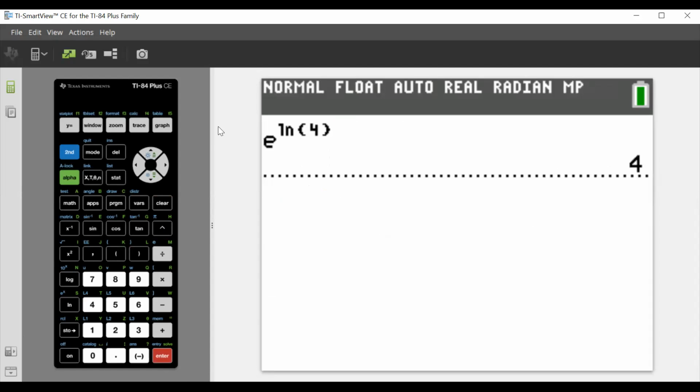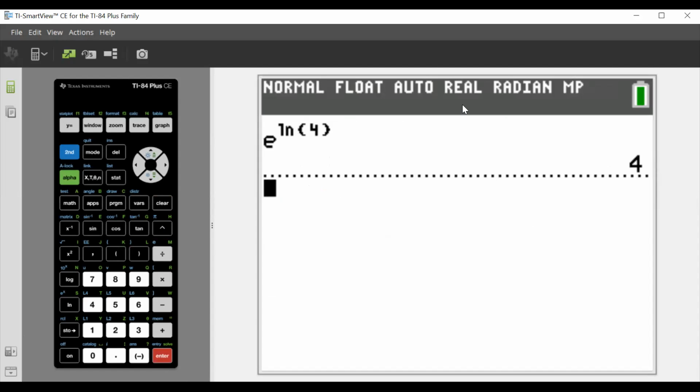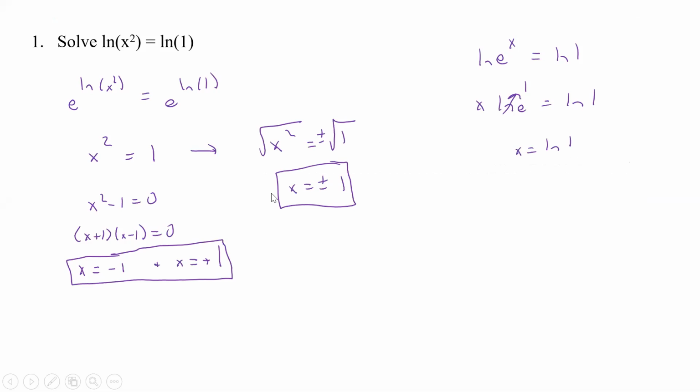And that's another way to show, if you forget, you can use your calculator to remember some things by testing to make sure, am I doing this right? Because that's always a possibility. You think you know it, but you don't want to use it because you're a little bit uncertain. And using your calculator, you can show that when you do this, you just get what's inside of here, whether it's the 1 or the x squared.